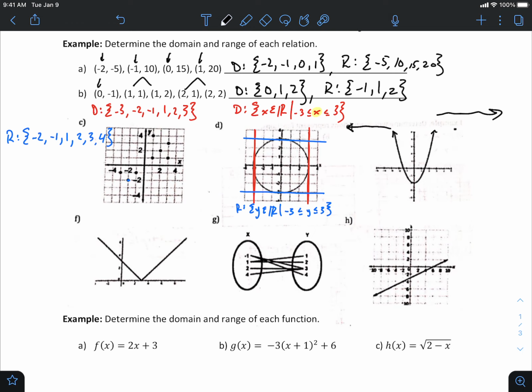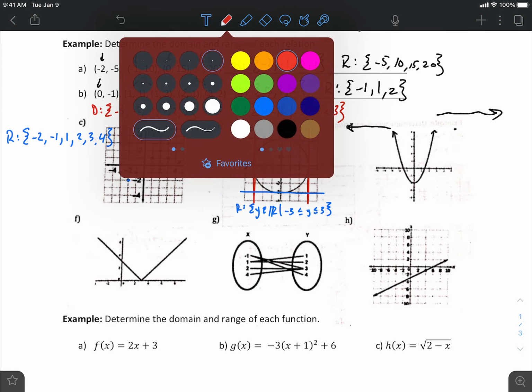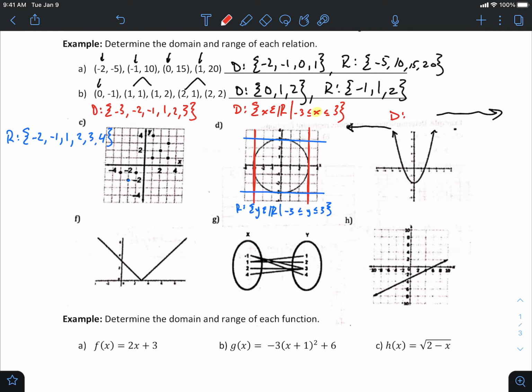Well, if I don't have any boundaries and it's a function, or a relation, I suppose, and it can take on any value of x, then it's x ∈ ℝ. x can be a part of all the real numbers. So our domain for this one would be x ∈ ℝ. And you're done, because there's no limit to it.